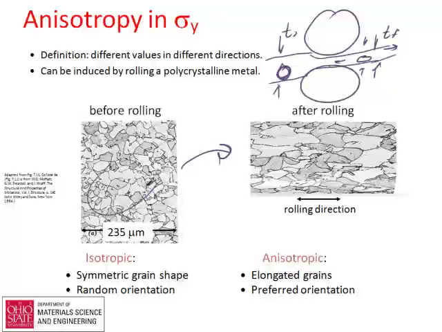So this material is something that we would think is isotropic, meaning that the properties are the same in all directions. And you can see these have a symmetric grain shape, random orientation. This material, just by looking at it, we can see is anisotropic, meaning that the properties vary with direction, and that can be a powerful thing if you use it right.